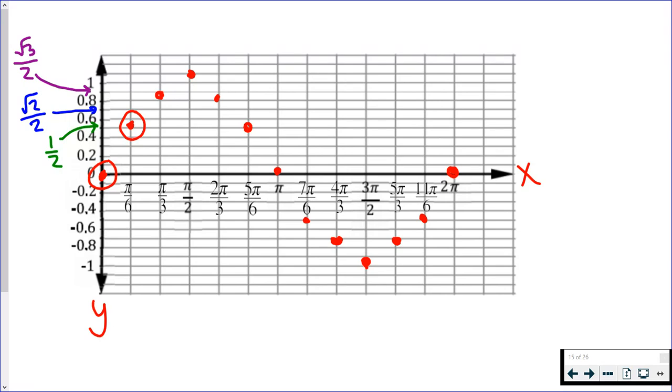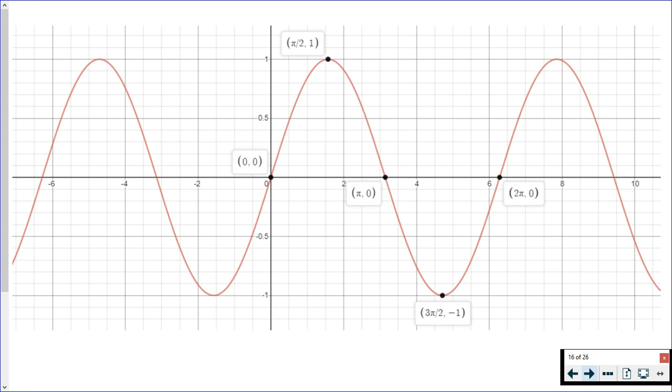Now remember, periodic functions go on forever, so please remember that it does not just exist between 0 and 2 pi. So here's a wider shot of your sine function. I've labeled some of those key points, like 0, 0. Now, a couple features of periodic functions really quick.